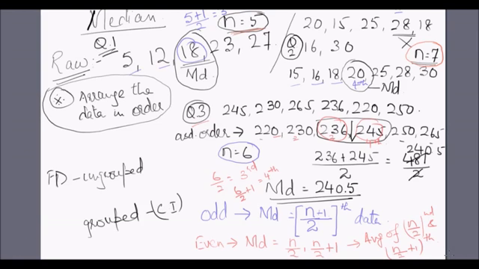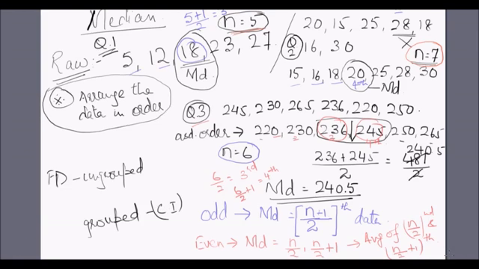In case of odd, we directly pick the middle one, but you can even do it by counting, or you can remember the formula n plus 1 by 2nd data, and that would be your median. Similarly for even, it is the two middle terms. You can just count and pick the two middle terms and find their average, or precisely you can remember that it is the n by 2nd and n by 2 plus 1st data.